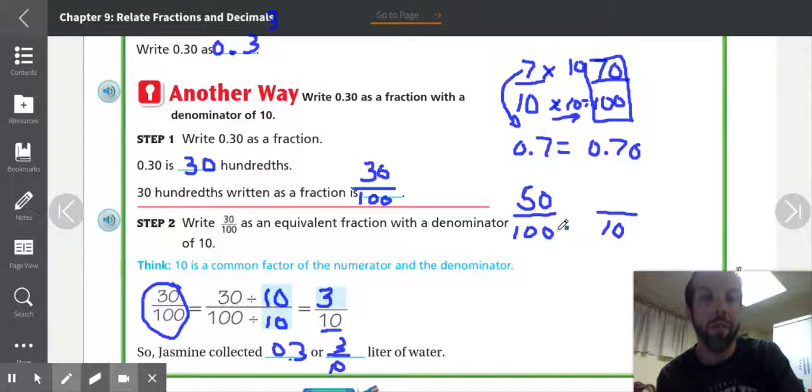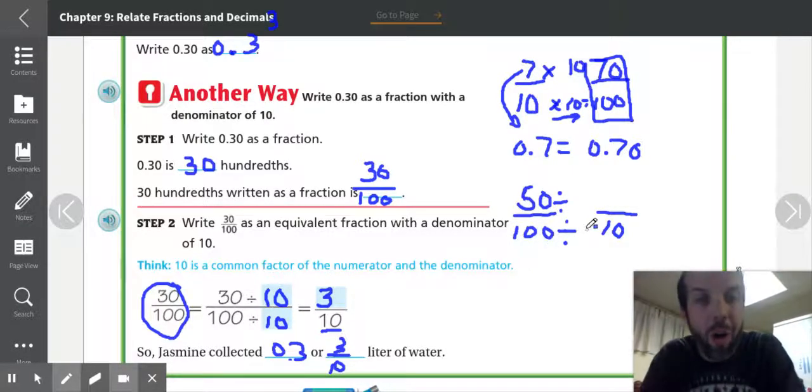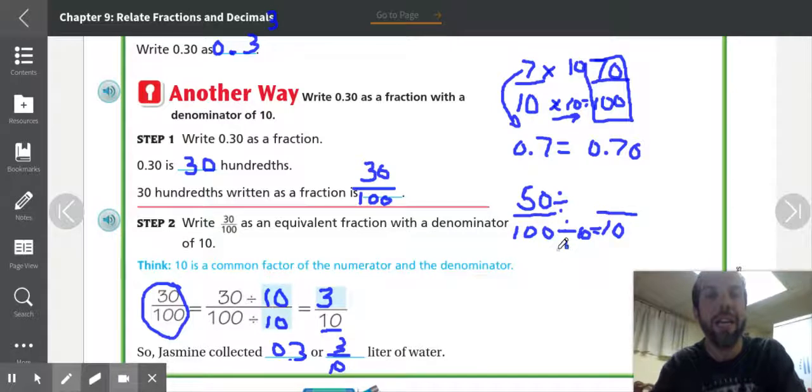So if I'm going from big to small, always divide. All right, and 100 divided by what equals 10? 10. Always 10 with this lesson, so you won't forget that magic compatible number. So 100 divided by 10 is 10, and 50 divided by 10 would be 5.